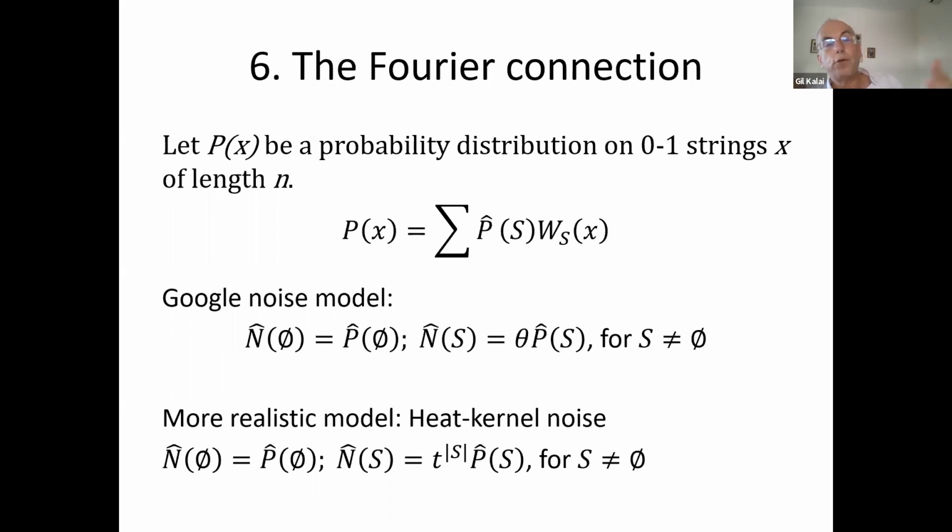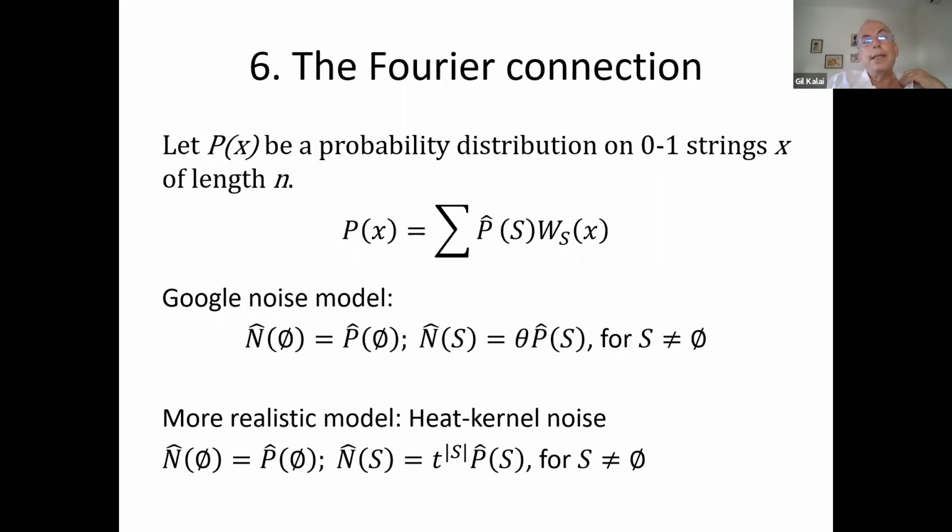But the higher Fourier coefficients will be multiplied by t to the size of s for every s which is not empty, and t is a certain parameter, and you can compute the fidelity from t and t from the fidelity.